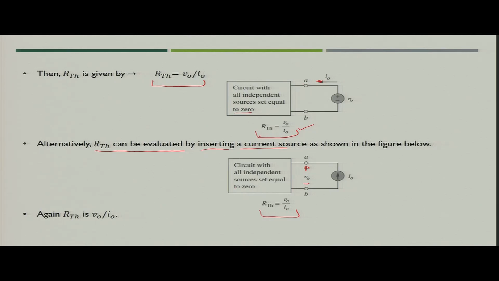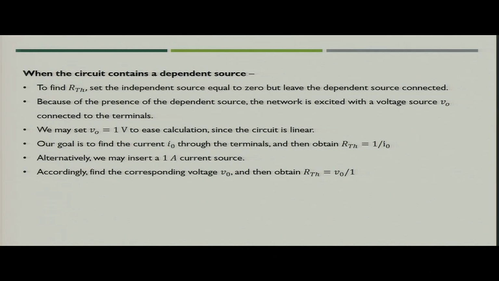So, in both cases you can use either of them and you will eventually get the same result. So, what process do we need to follow when the circuit contains a dependent source? We have to find Rth, that is the Thevenin resistance, we have to set the independent sources equal to 0 and leave the dependent sources connected.